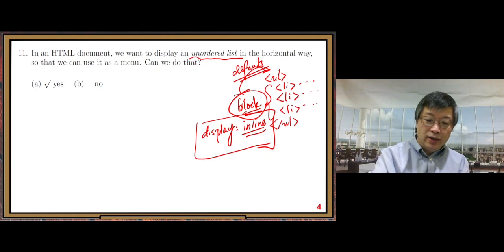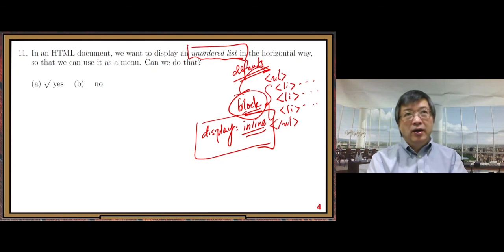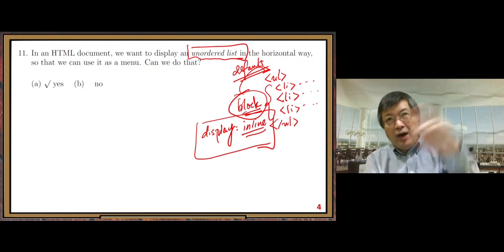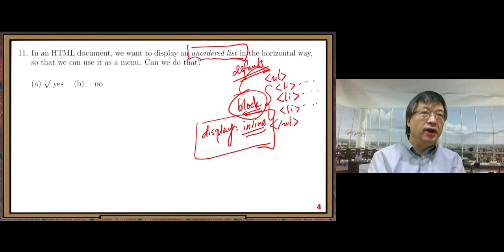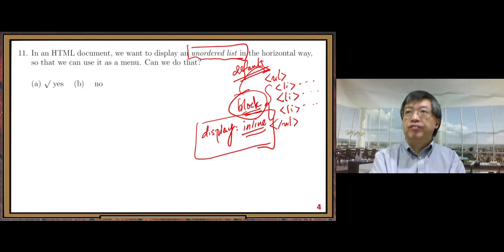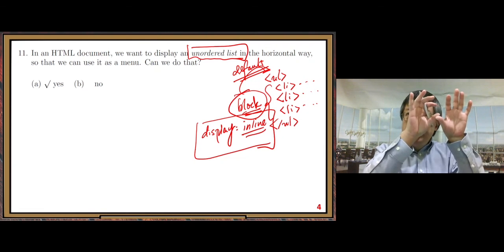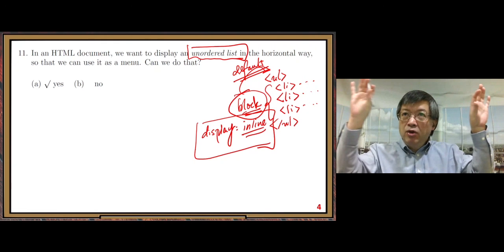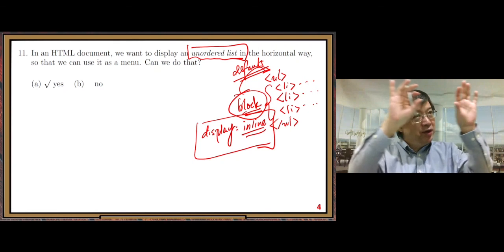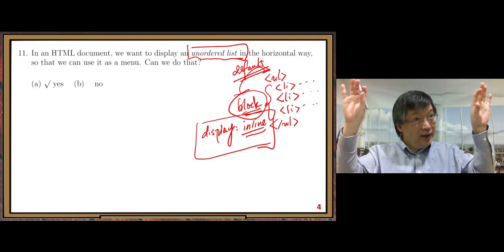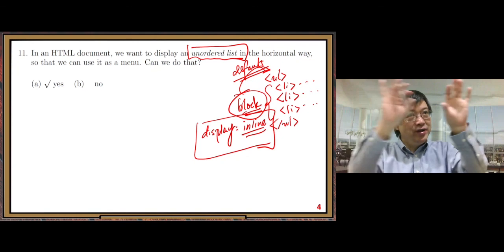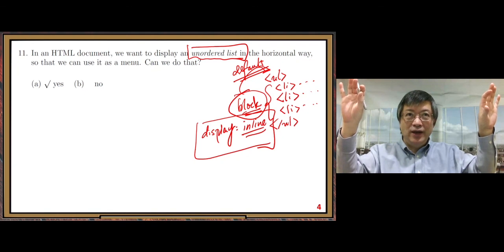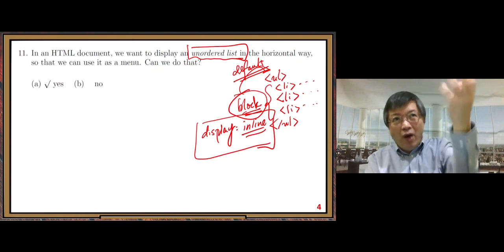For the unordered list, at that time I made one comment. I said this feature is pretty useful because it is very common. We may need to display horizontal menus, right? It's very common. So this is one way to do it.